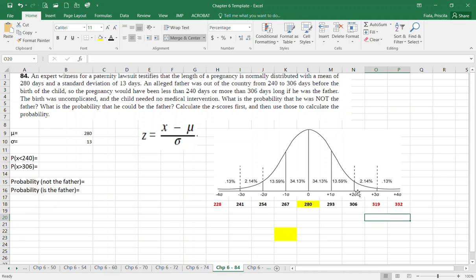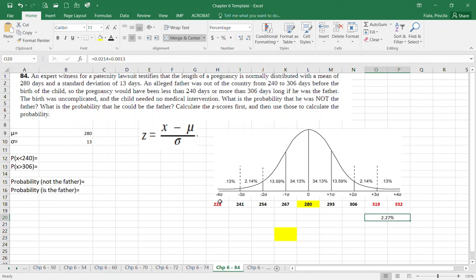If they say that from 2 to 3 standard deviations is about 2.14%, and then from 3 to 4 is 0.13, so really we would say that this region here is only a 2.27% chance.